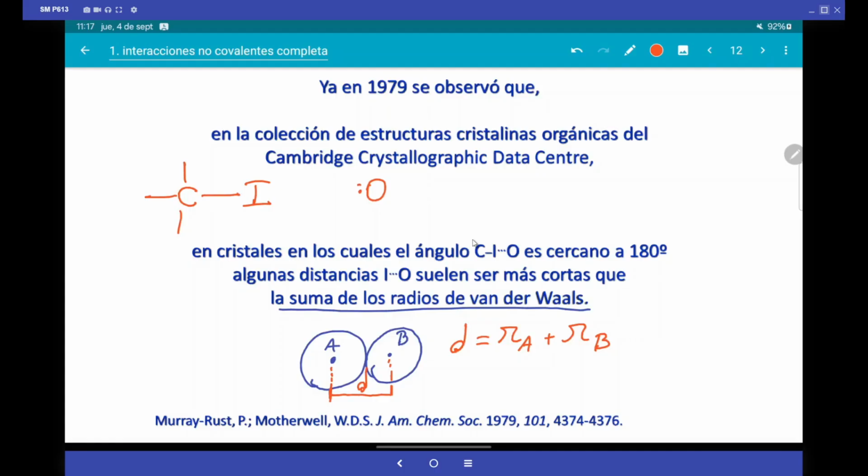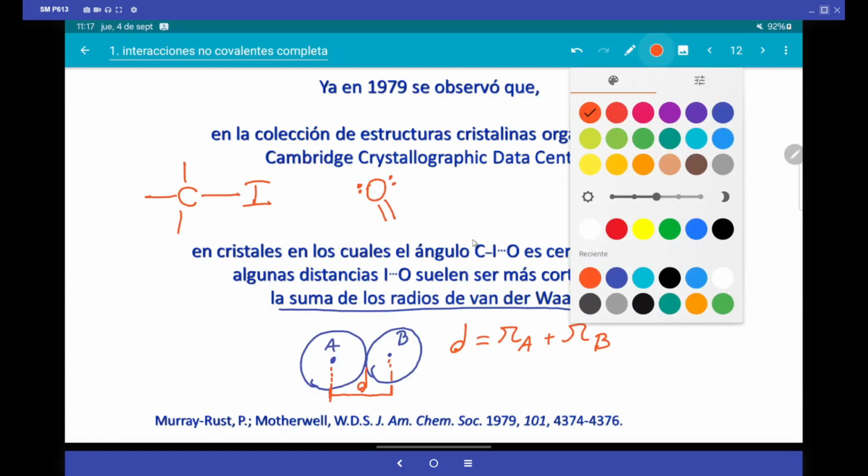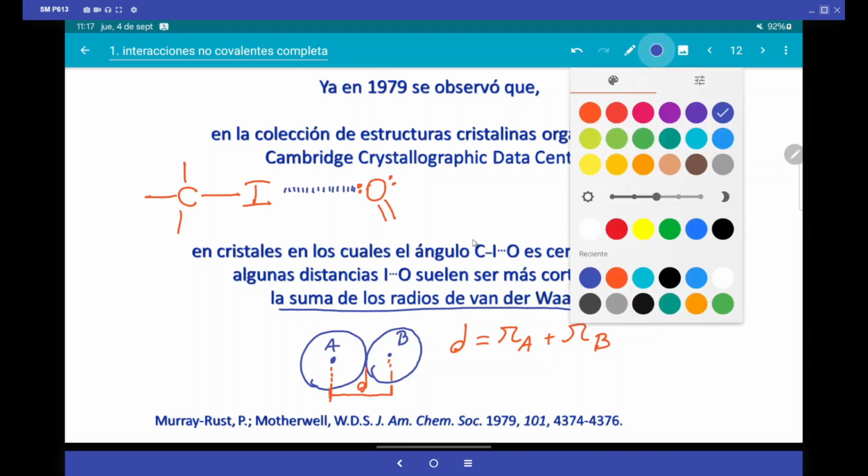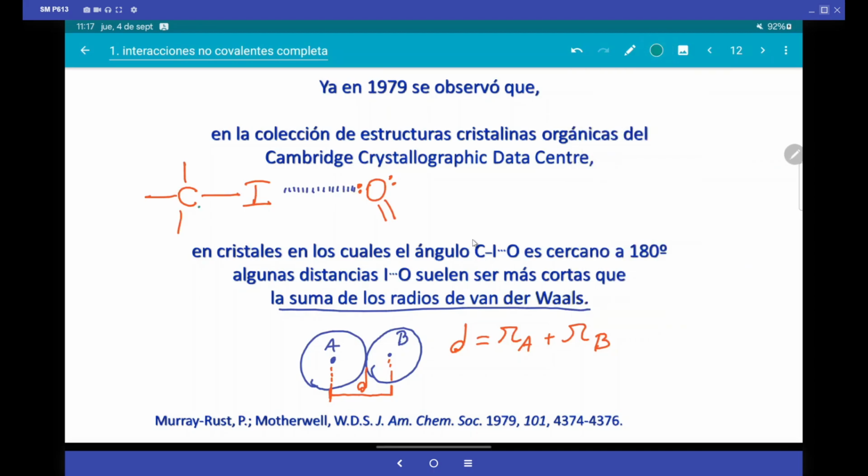And we have then that when there is carbon-halogen-oxygen, the following happens: the electronic pair of oxygen has to be at 180 degrees with respect to the carbon-halogen. Here is where there has to be an angle of 180 degrees, between the carbon-halogen and the electronic pair of that oxygen.